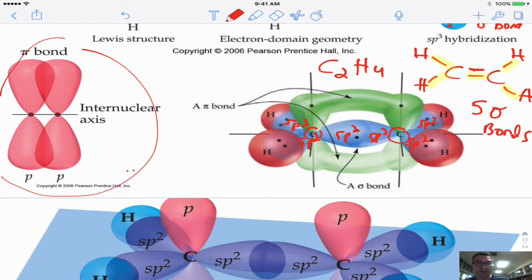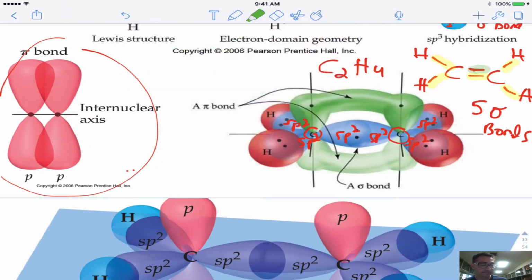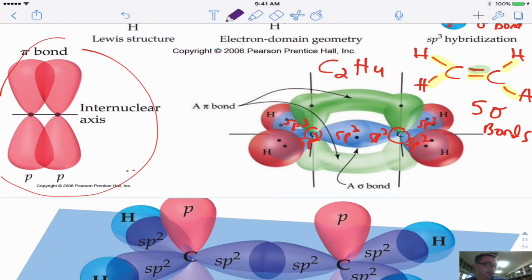But then it has the double bond, and the double bond is right here. And that double bond is happening based on the p orbitals that are right here. And what happens is these electrons that are in the p orbitals that are not hybridized, they will overlap side to side.